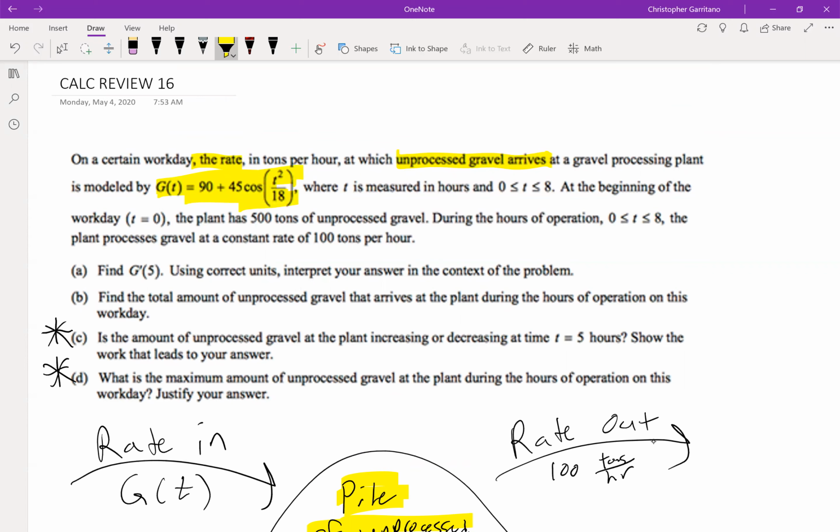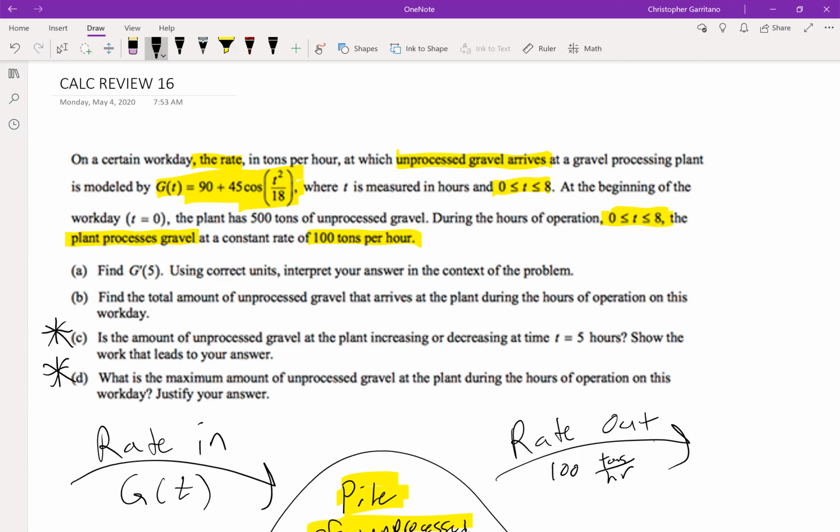So this is your rate in. And then later on, we see that the plant is processing gravel. So this is your rate out. It's 100 tons per hour. One thing to notice is that both of these exist between the hours of 0 and 8. So rate in and rate out are both live during the entire time period.